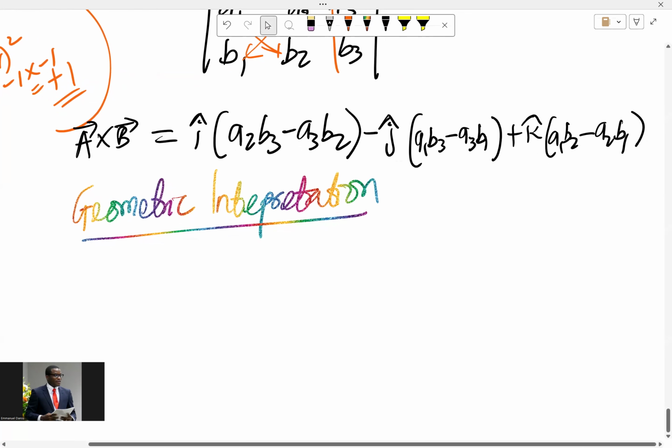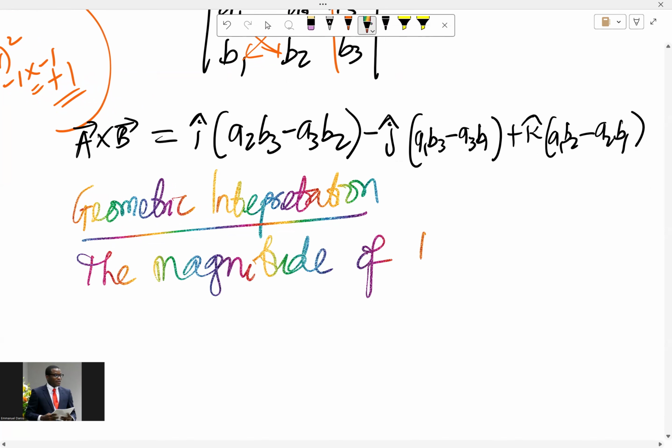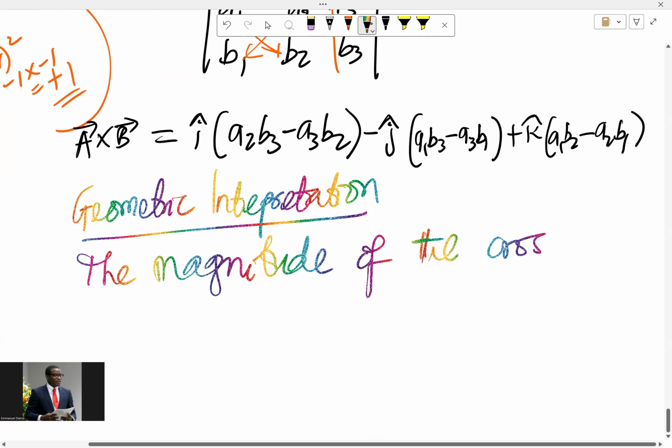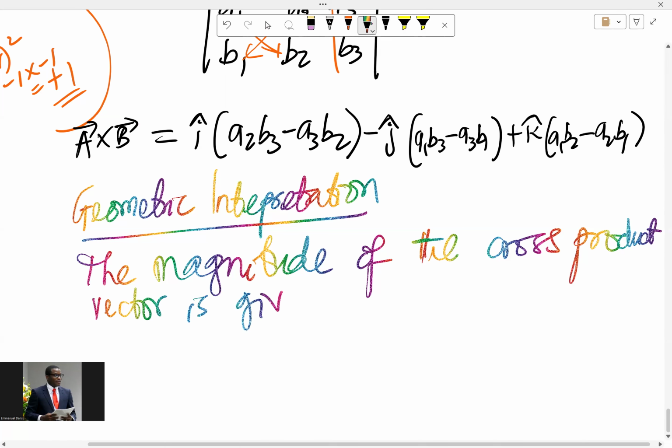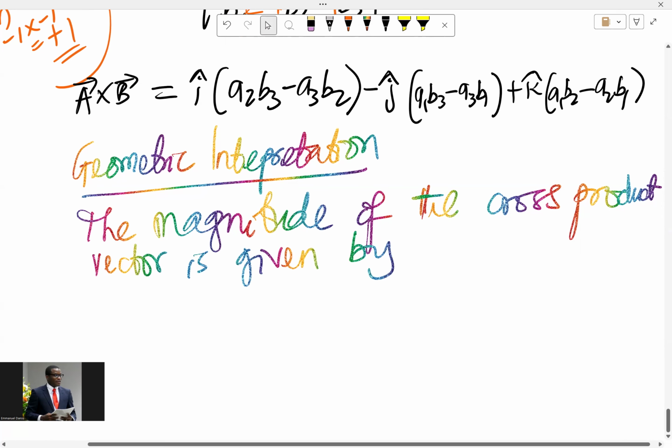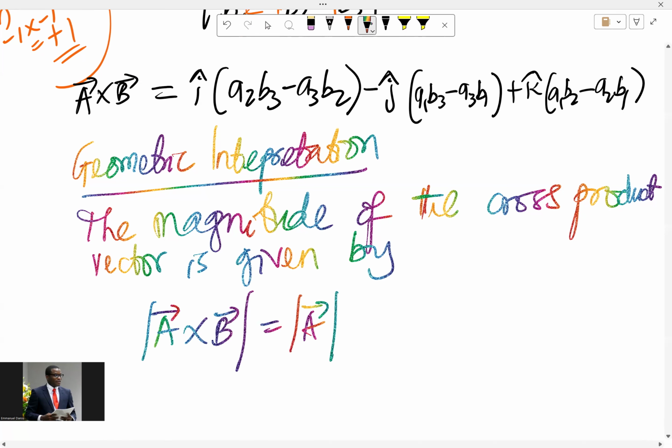We have the magnitude of the cross product vector, given by the absolute value of A cross B. So when you do A cross B, whatever you get is actually equal to the magnitude of A multiplied by the magnitude of B times sine theta.